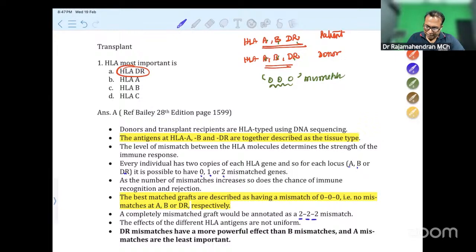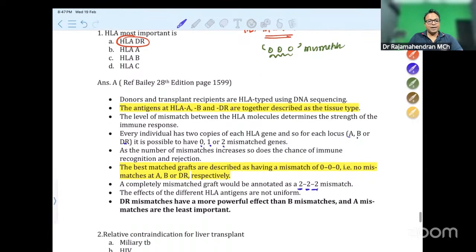So accordingly, if there are no mismatches, 0-0-0; if there are 2 mismatches, 2-2-2. The effects of different HLA antigens are not uniform. DR mismatches have a more powerful effect than B or A mismatches. So most important in this is HLA-DR mismatch. If you do a kidney transplant with an HLA-DR mismatch, definitely there will be rejection.